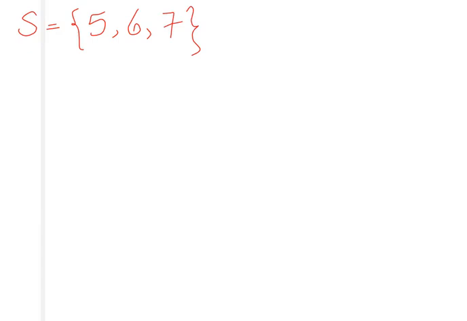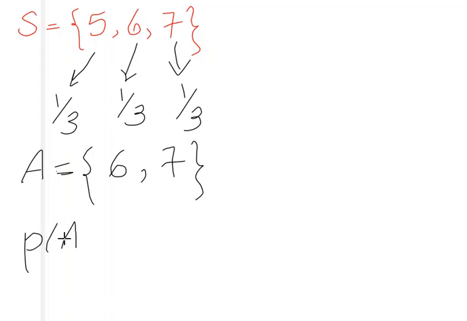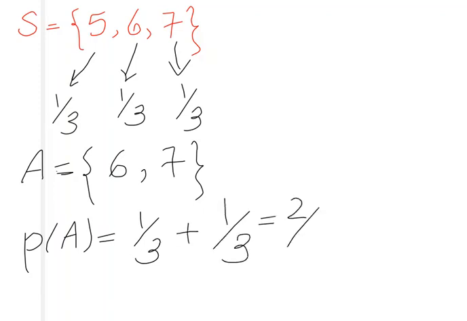So the probability of this one is 1 over 3, and the probability of each of the others is 1 over 3. So A is 6, 7. So the probability of A is the probability of 6 plus the probability of 7, which is 2 over 3.